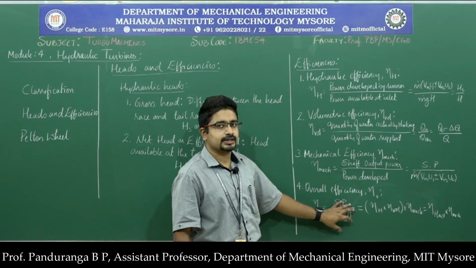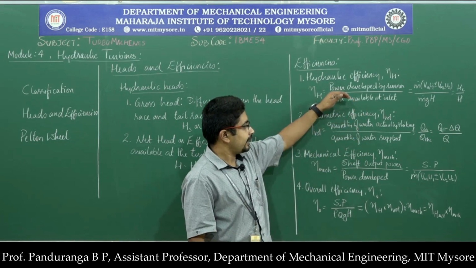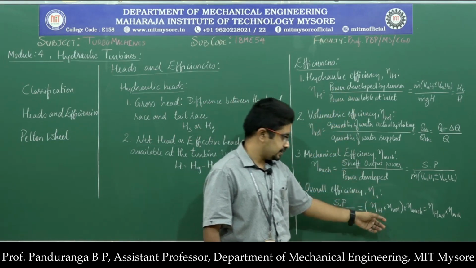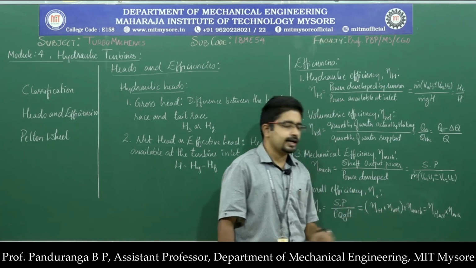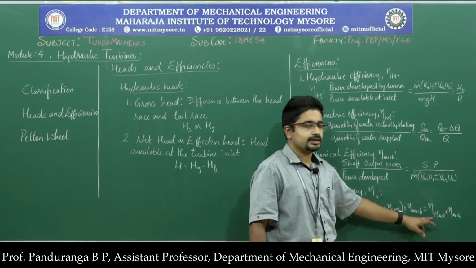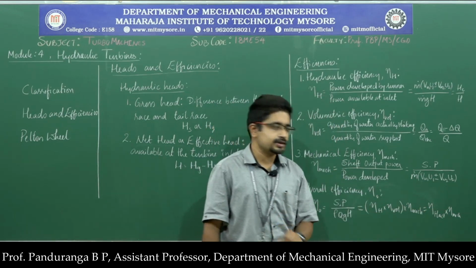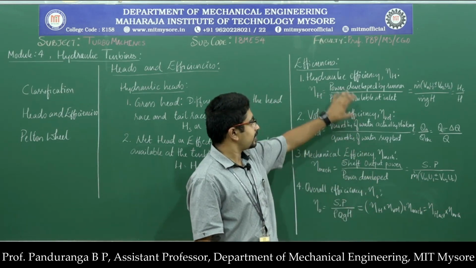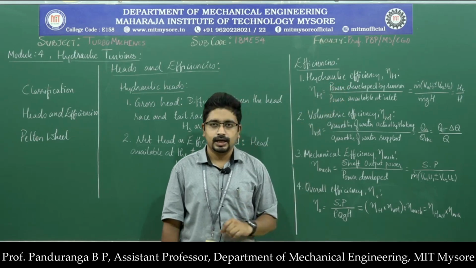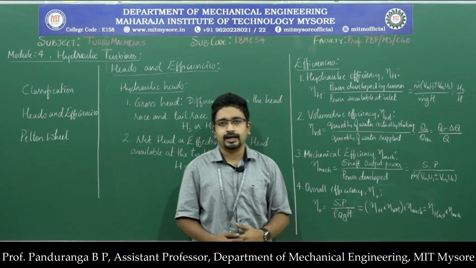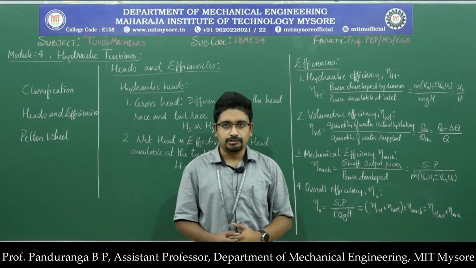So the overall efficiency can be written as the product of hydraulic efficiency, volumetric efficiency, and mechanical efficiency, or it can be written as actual hydraulic efficiency multiplied by mechanical efficiency, where actual hydraulic efficiency is the product of volumetric efficiency and the hydraulic efficiency. So these are the different efficiencies and heads which we encounter in a hydraulic turbine.